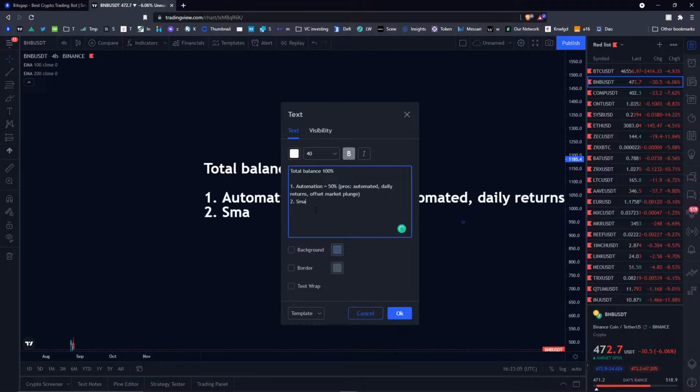The second one is smart trading. In my case, that's usually around 20%, well, according to my recent estimates.